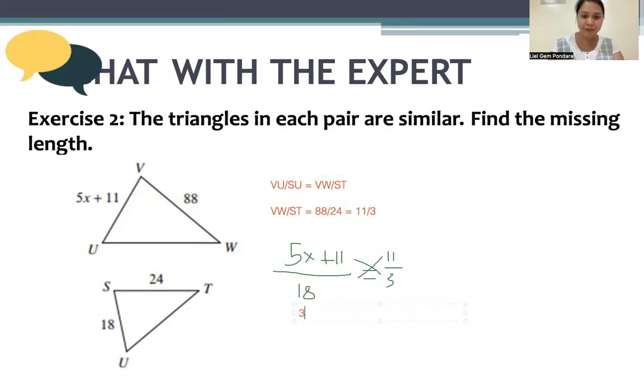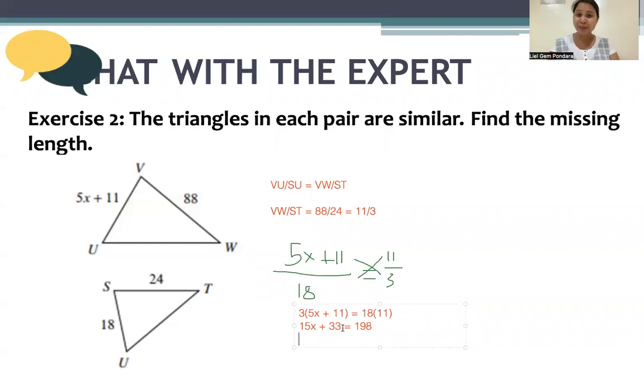We cross multiply them. So we will have 3 times 5x plus 11 is equal to 18 times 11. Let's distribute it. 3 times 5x is 15x. 3 times 11 is 33. 18 times 11 is 198.